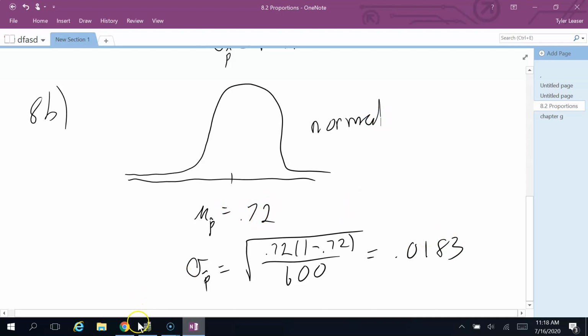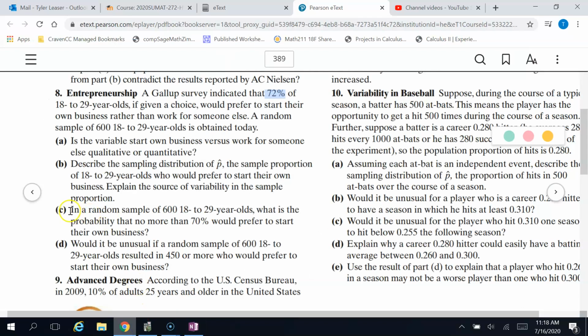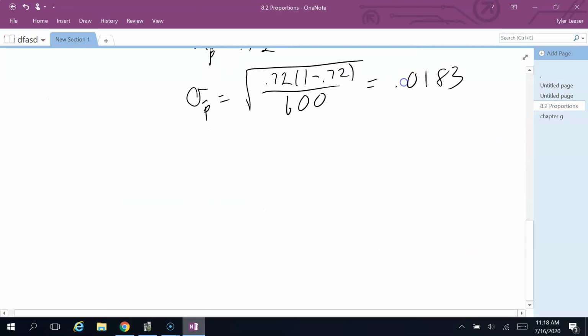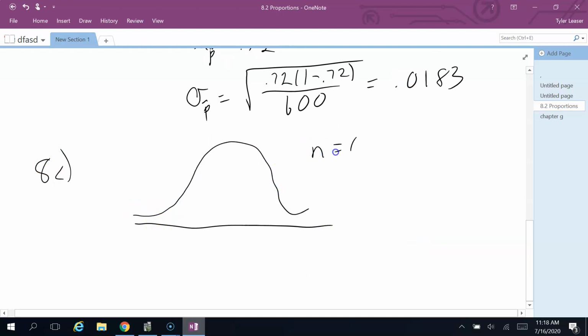All right, let's look at part C. In a random sample of 600 18 to 29-year-olds, what is the probability that no more than 70% would prefer to start their own business? Okay, so I'm going to be taking that same picture from above. This is the sampling distribution of size 600. The mean of this sampling distribution is at 0.72.